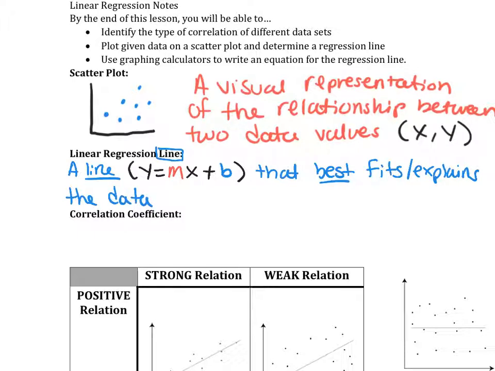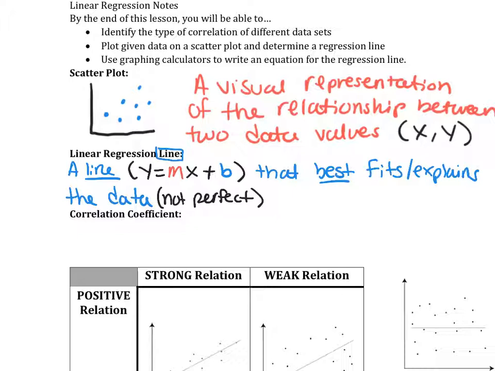Now it's the line that best fits the data, which means it's not perfect, because it is a scatter plot. Very rarely will all your points on a scatter plot be exactly in a straight line. So the linear regression line does its best to explain the data.